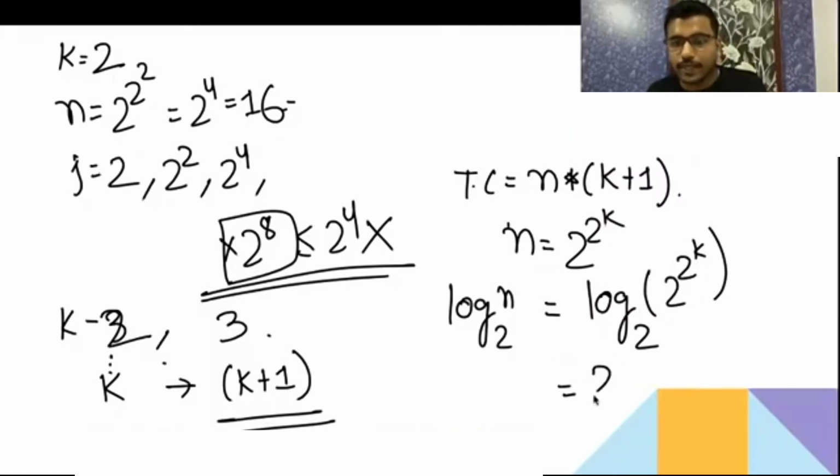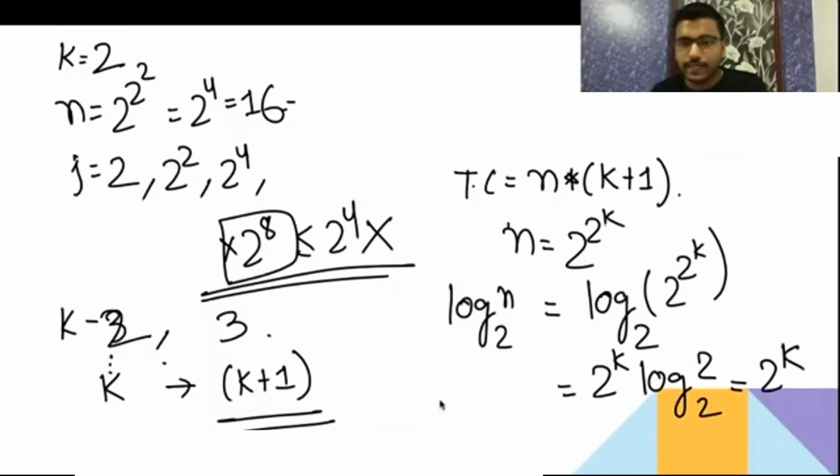So 2 to the power k is going to come, the power will come outside. Log 2 base 2 is going to be 1 only. This will give 1, then 2 to the power k. Now you got 2 to the power k is equal to log n base 2.